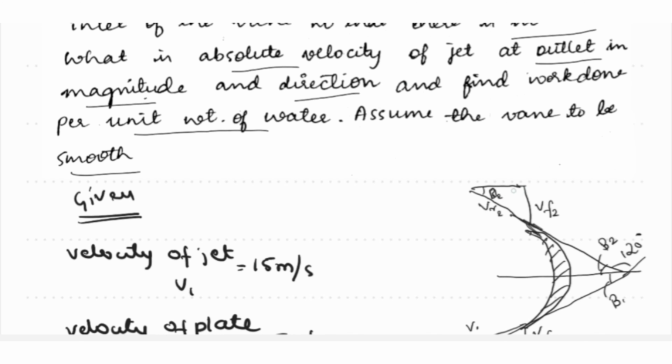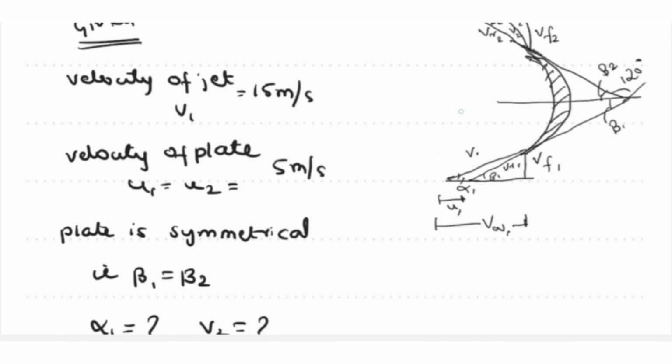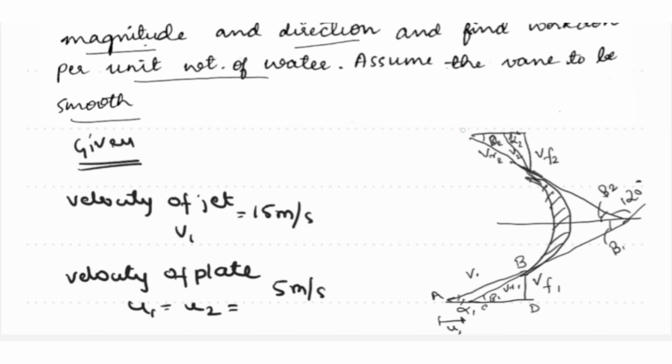And one more thing, here we have to draw the absolute velocity line. So this is V2 making an angle alpha 2. If I name this triangle A, B, C, D, P, Q, R, S.